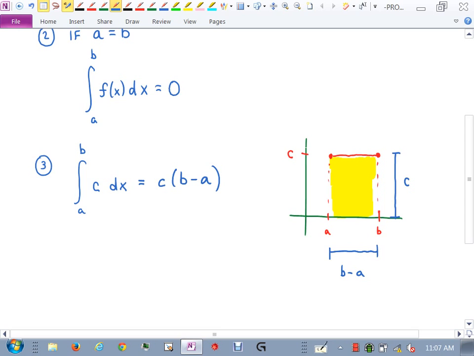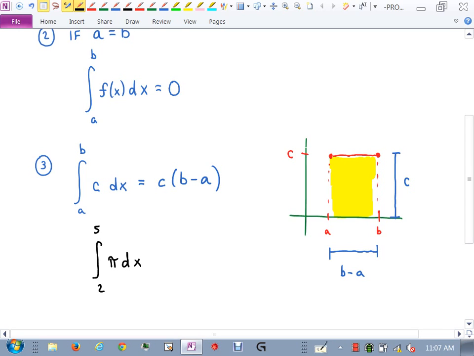That makes sense? What's good about that is, as an example, if you had the integral from 2 to 5 of pi dx, we don't actually have to sit there and say, what's the antiderivative of pi? Oh, it's pi x, and then take our two things and plug in, right? We don't necessarily have to do that.